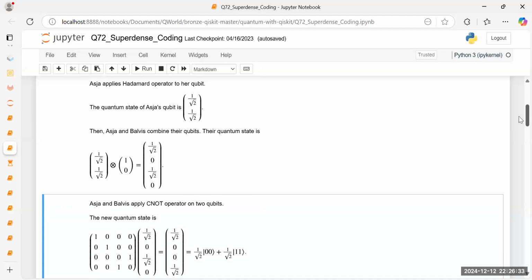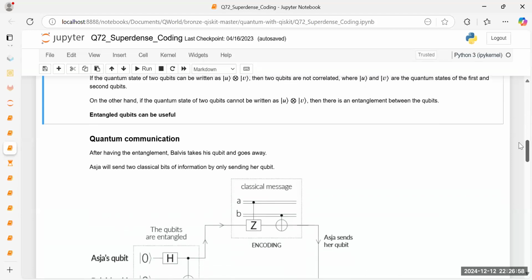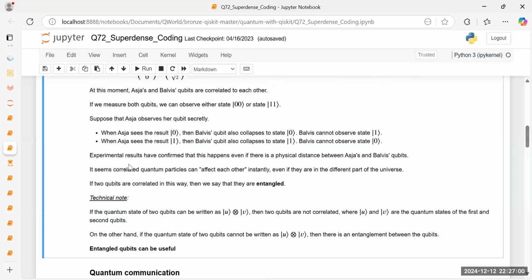So if Daniel was to allow his spinning coin to land, let's say it lands on head, then Daniel's sister is to allow her spinning coin to land. It's also going to land on head. Or if Daniel's spinning coin was to land on tail, when his sister's spinning coin lands, it's also going to land on tail. So based on the definition we said we have correlated quantum particles.